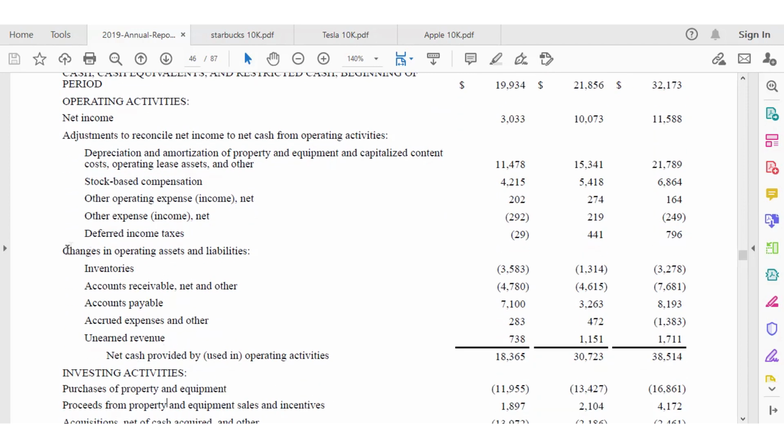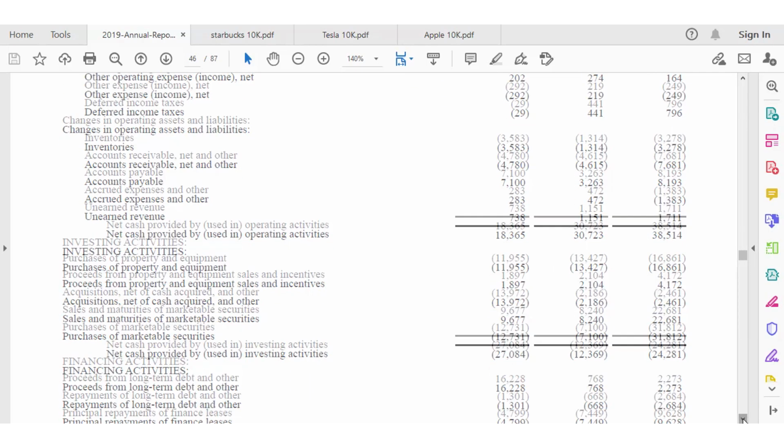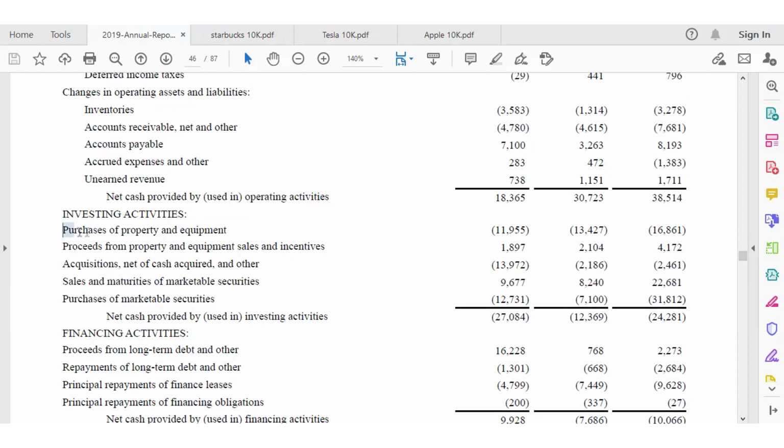And then below that, you have changes in operating assets and liabilities. These are pretty much working capital line items, which you see right here. And then it's going to give you the cash flow from operating activity. Below that is going to give you the cash flows from investment activities. So here, the purchase of property and equipment. Again, because you're buying property and equipment, this is going to be a negative because it's an outflow of cash.